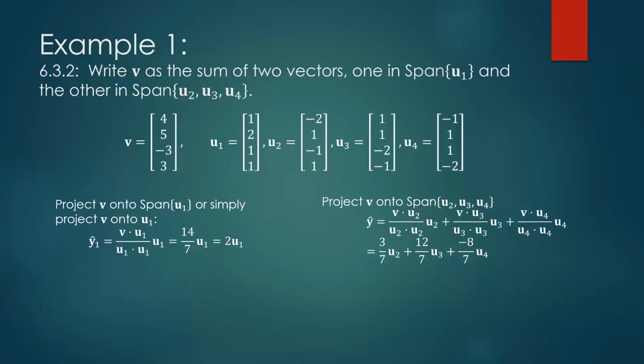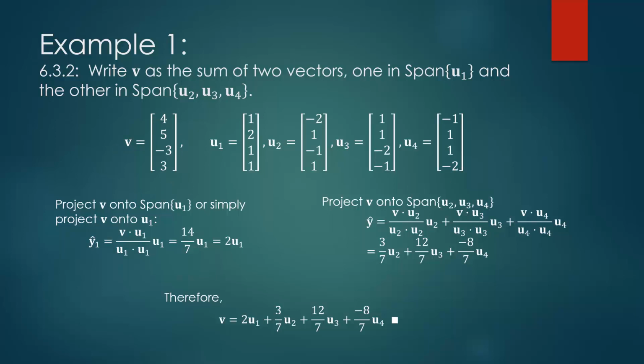Now, if vector v is to be written as the sum of these two vectors, then we should be able to write v as 2u1 plus all these other terms. You can double check that if you multiply u1 times 2, u2 times 3/7, u3 times 12/7, and u4 times -8/7, and add it all up, you should get the value of v.